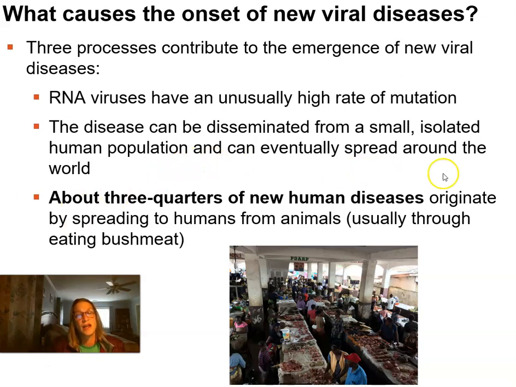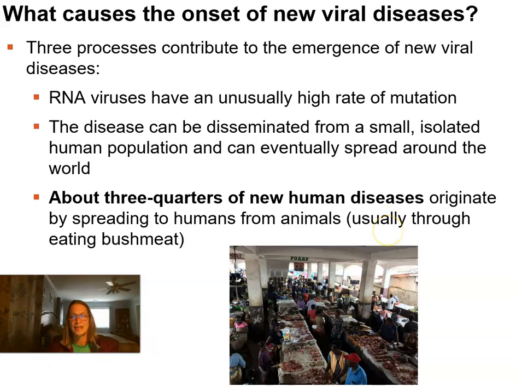And one thing that you may or may not know is that about 3/4 of new human diseases, and this includes the COVID-19 disease, originate from other, non-human animals, and they are spread from animals to humans, usually through these wet markets where people are hunting wild animals and then eating wild animals.